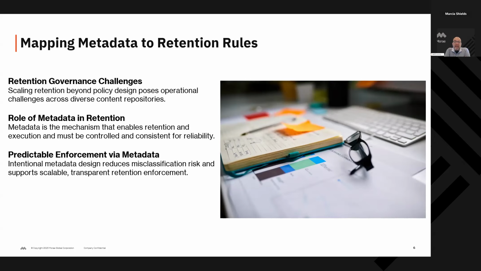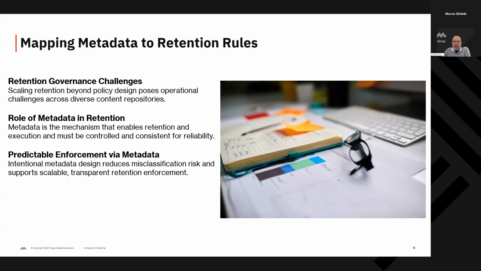It's really operationalizing retention at scale, and I think that's where most of our customers and most of the people I'm talking to are really struggling in the whole concept of records. So today we're going to focus on metadata, how it functions as the enforcement mechanism inside records, to map that metadata to retention rules so that we can support all those challenges around defensibility, consistency, and audit readiness.